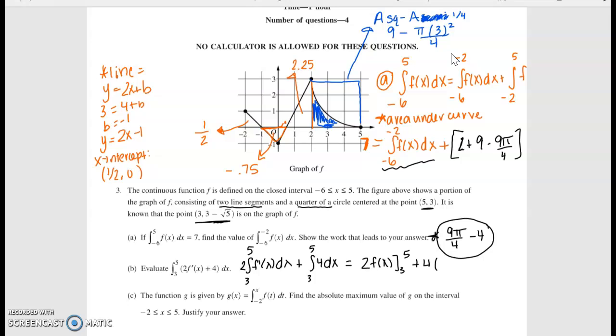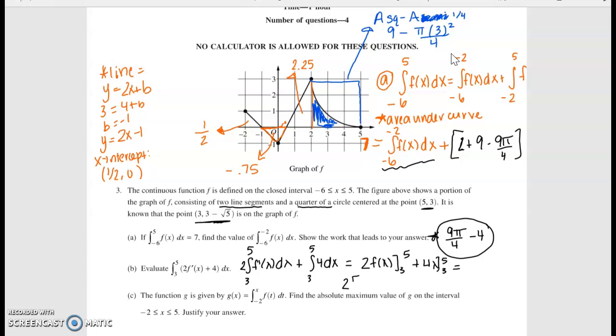So, oh, I'm sorry. I don't know what I'm talking about. Has nothing to do with the curve. We're literally just going to integrate 4 to become 4x from 3 to 5. You're going to plug in these numbers, do the math. F of 5 is equal to 0. F of 3, that's why they give us this coordinate right here.